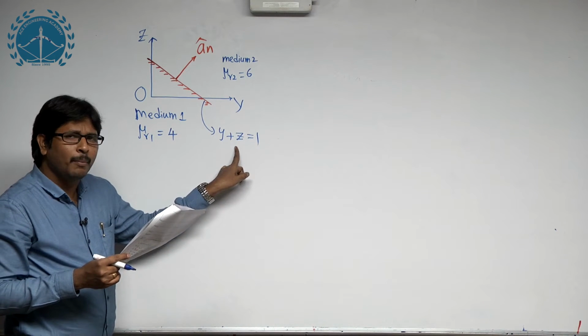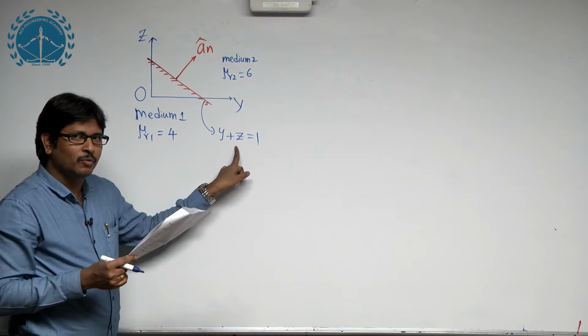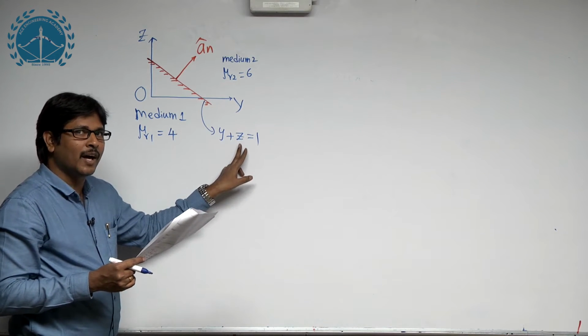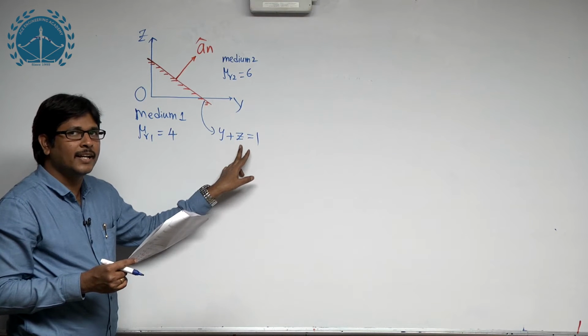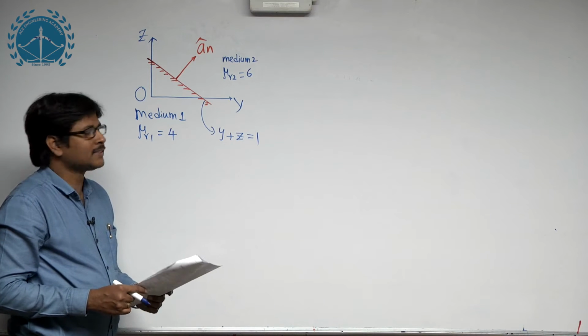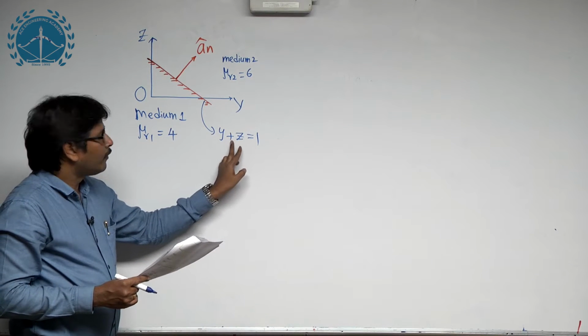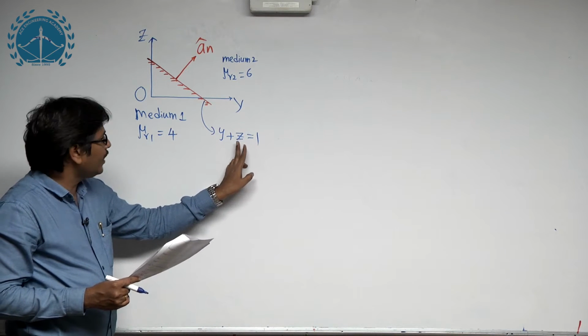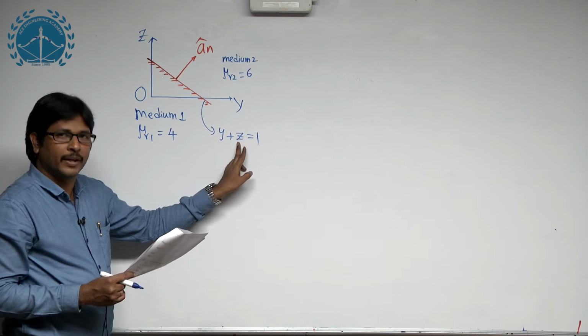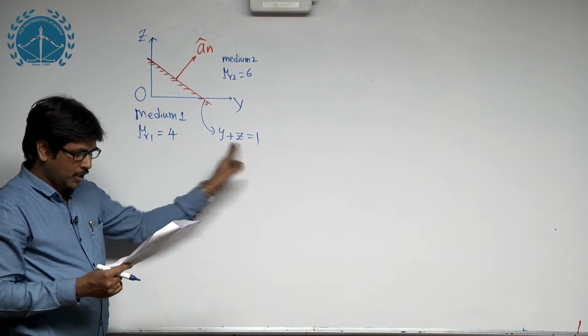If it is a simple boundary like x equal to constant, y equal to constant or z equal to constant, we can decide the unit vector normal to that, or you can decide tangential components directly. If it is x equal to constant, y, z are tangential, x is the normal component. But when the interface is defined by an equation, you must evaluate the unit vector normal to it. I will give that formula later.